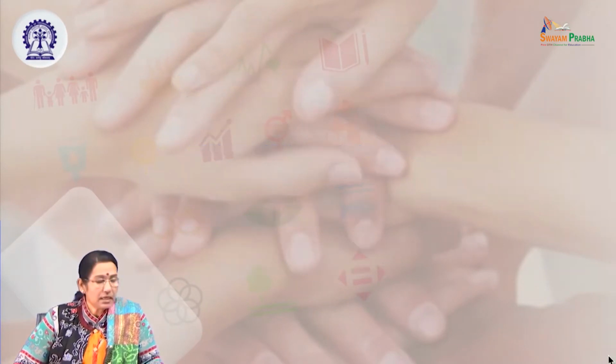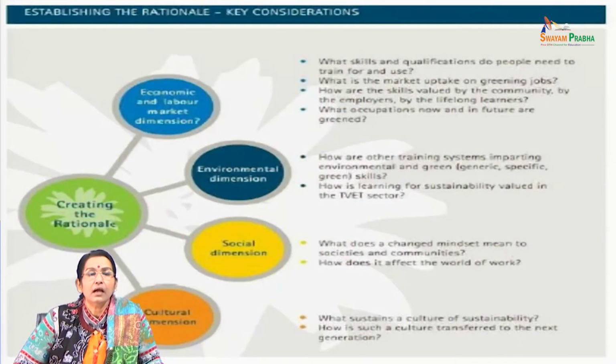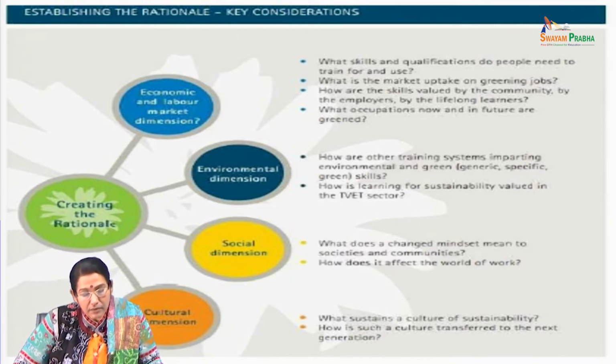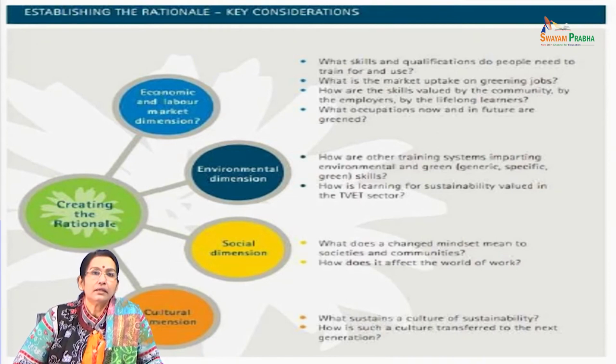So the next step: what we have already done is creating the rationale or the logic for this, analyzing the economic and labor market dimension, the environmental dimension, the social dimension, and the cultural dimension.